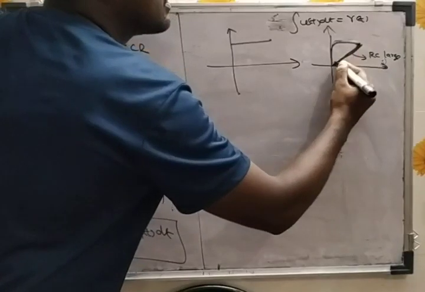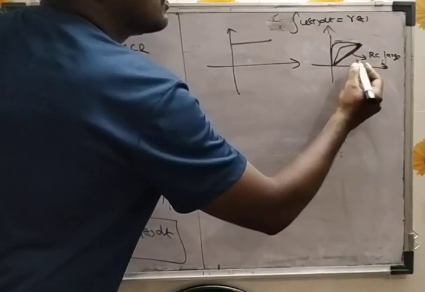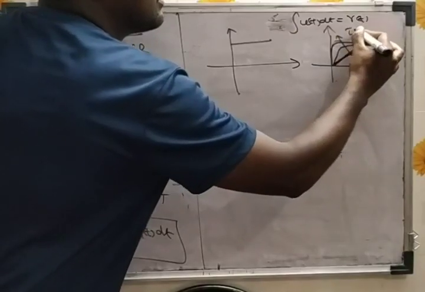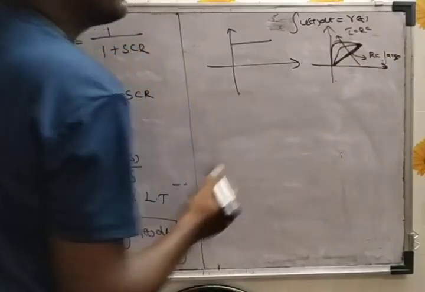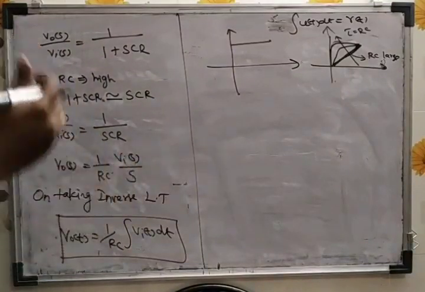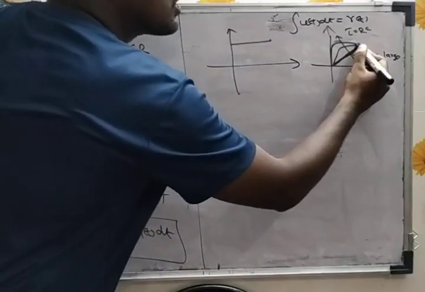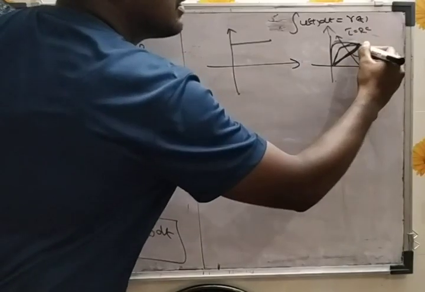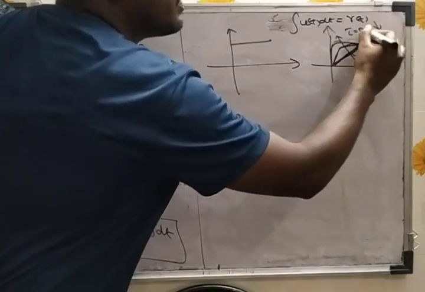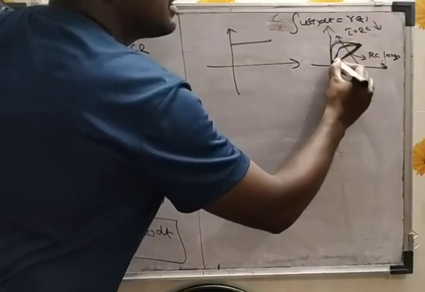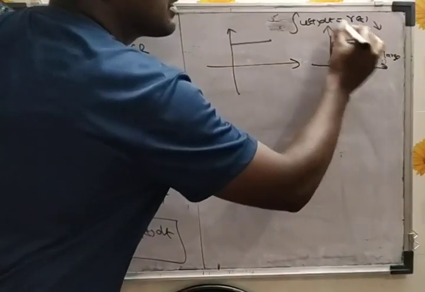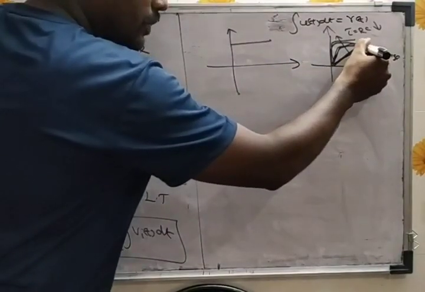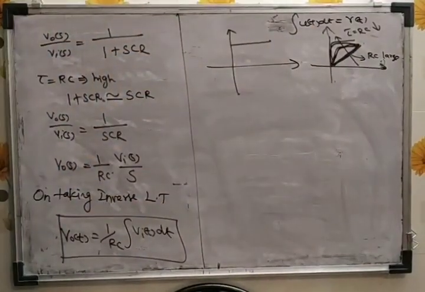When RC decreases, the slope also changes like this.